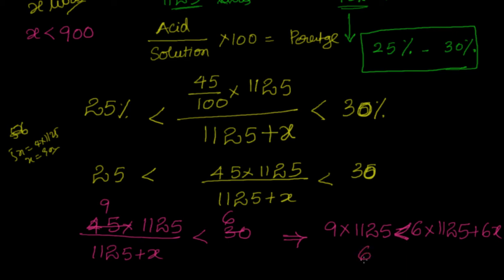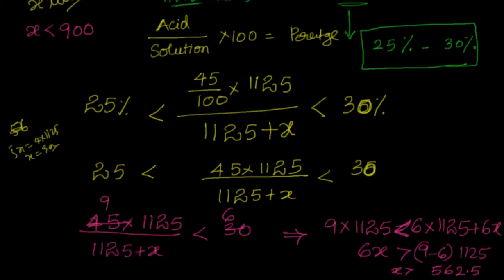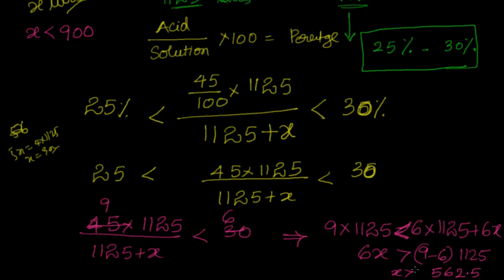So 6x is greater than 9 minus 6 into 1125. That is nothing but x greater than 562.5. You can actually solve it in a little more detail, I have just closed it quickly, but x should be greater than 562.5.